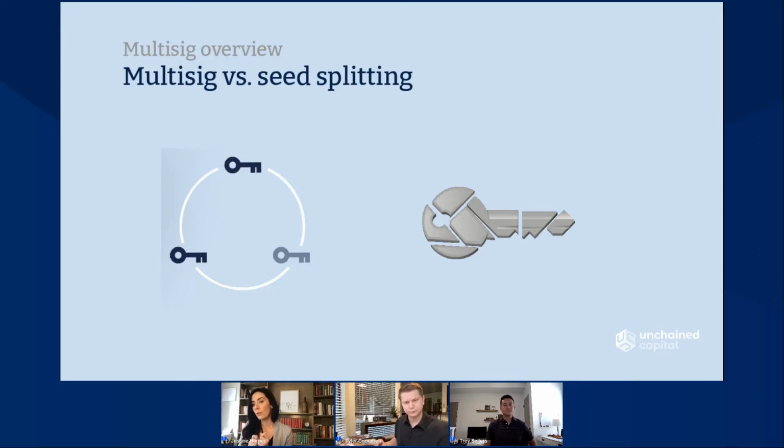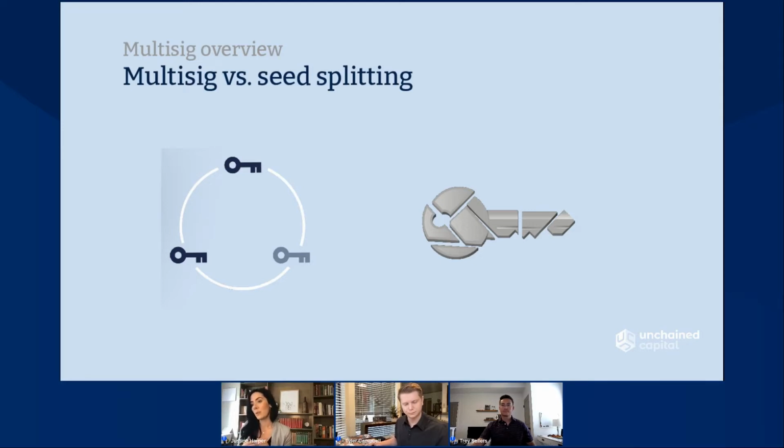You have to bring all of those pieces back together to then use that key. The reason I'm spending a little bit of time on this is because sometimes people think this is the same concept. Well, no, I have all these multiple pieces, right? So seed splitting is multi-sig. It is very, very different on a technical level. There are pros and cons with each, of course, and Bitcoin is all about pros and cons. So you need to take a look at those and see what works best for you.